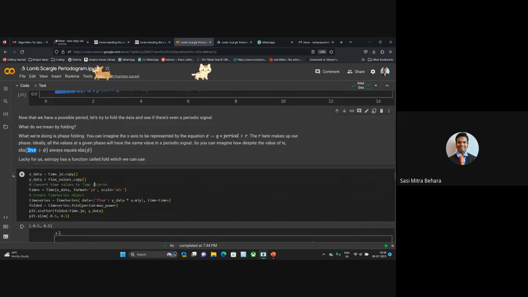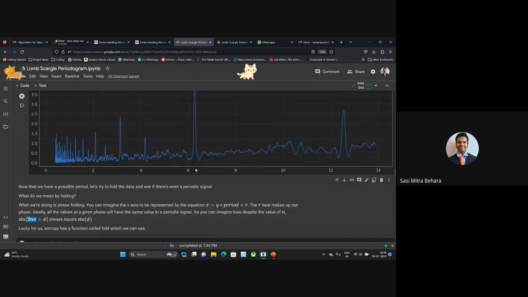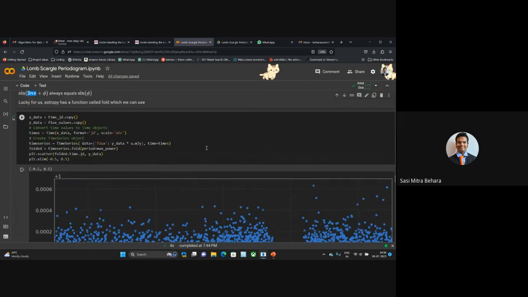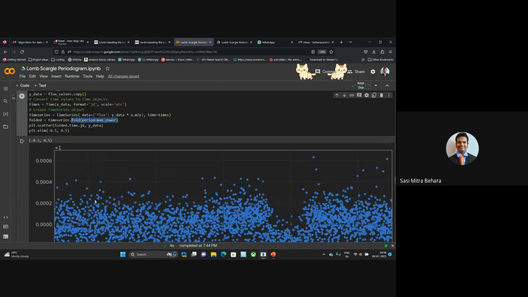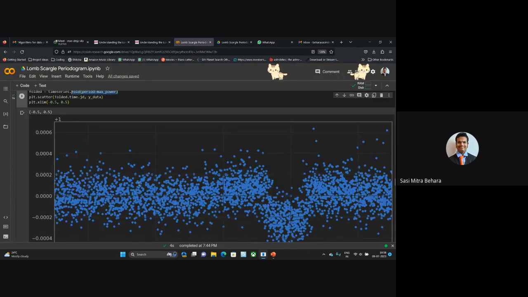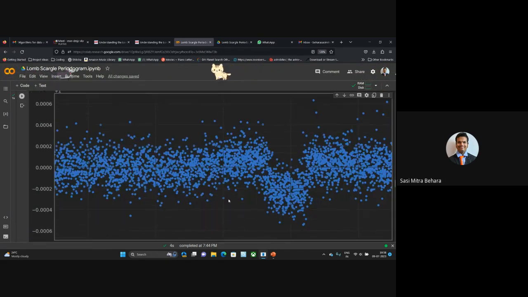Since you calculated the period from the periodogram, you just take the maximum value in the periodogram and plug it into Astropy's fold function. It folds a time series plot for you, and then it generates a phase plot.